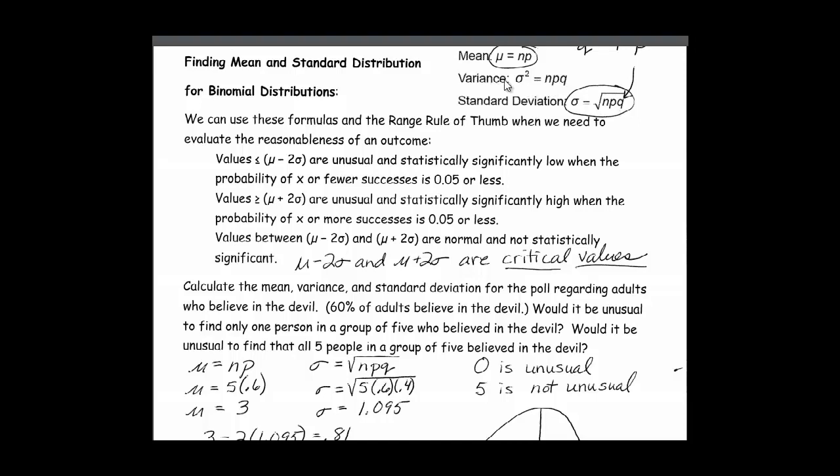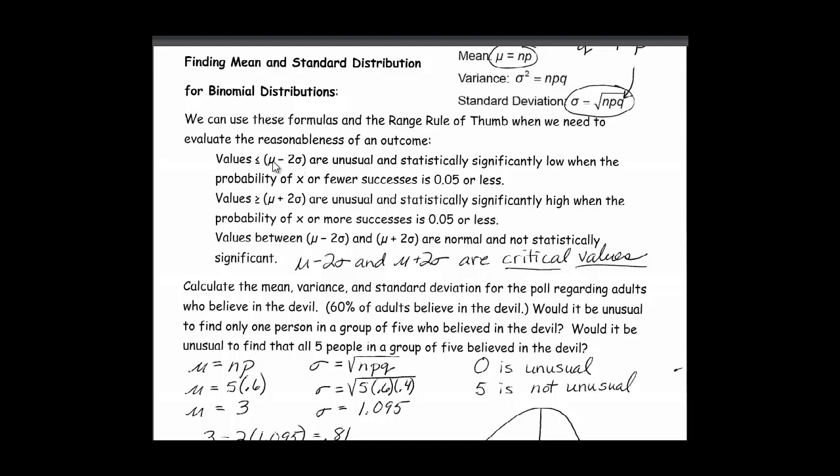If you can remember, variance is just the square of standard deviation, or standard deviation is just the square root of variance. So if you have one, you have the other. So that's not a far stretch there. But I want to remind you what we mean by the range rule of thumb. Values that are less than the mean minus 2 standard deviations are going to be unusual.